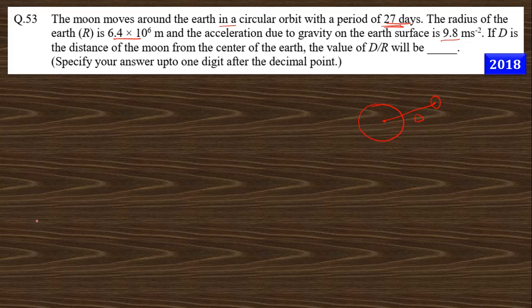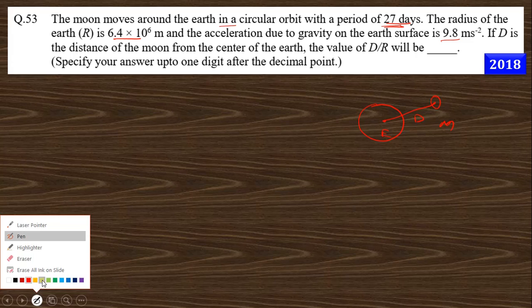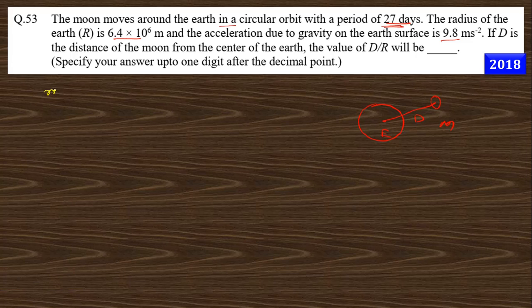So you know here the circular motion arises due to the attraction between the earth and moon, right? So you can use the centripetal force, that is m omega square r. R is nothing but d, the distance from the earth's center to the moon.